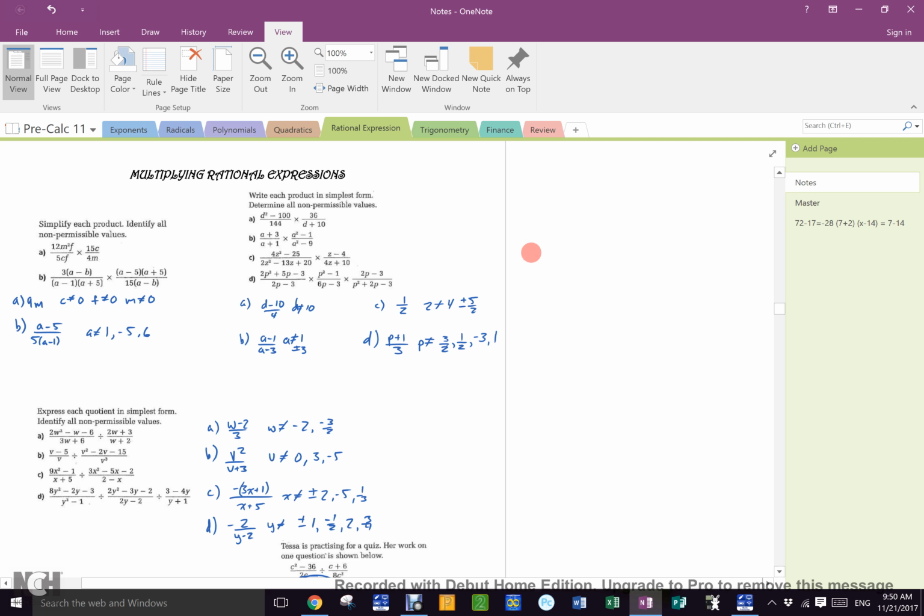So it's going to be 2p minus 1 and p plus 3 over 2.